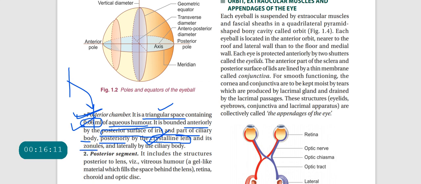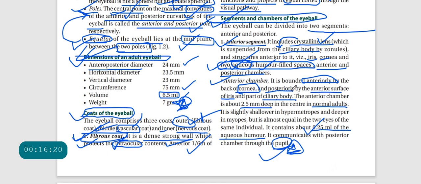Very easy. So just now we saw the anterior segment, in which there were two chambers, the anterior chamber and the posterior chamber. Now we are going to the posterior segment.